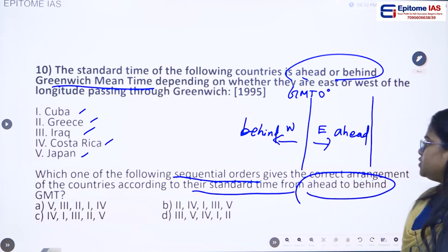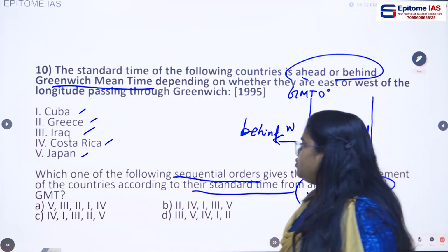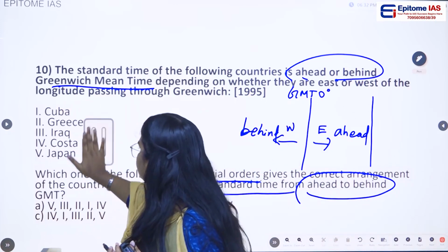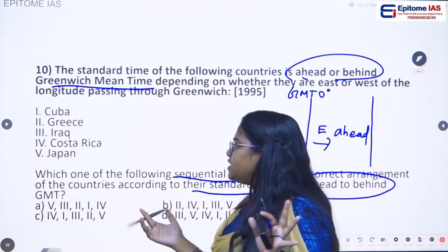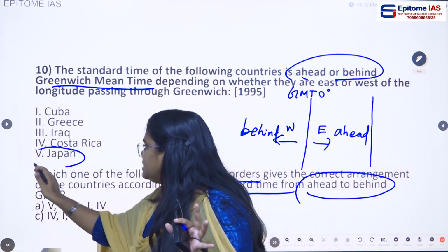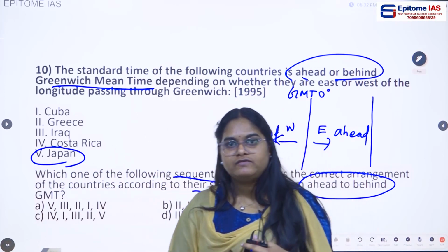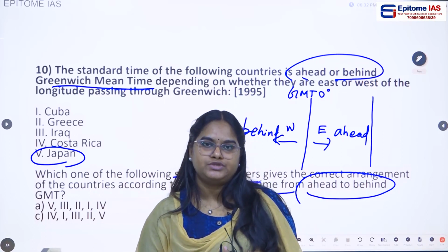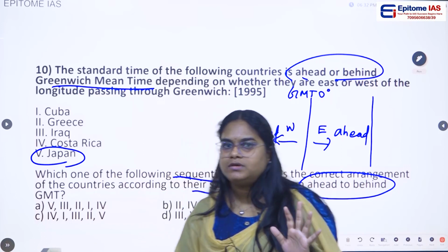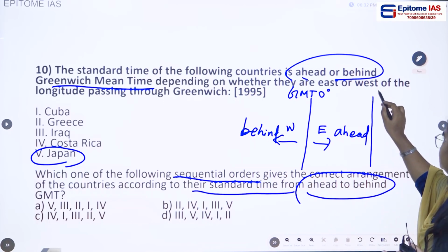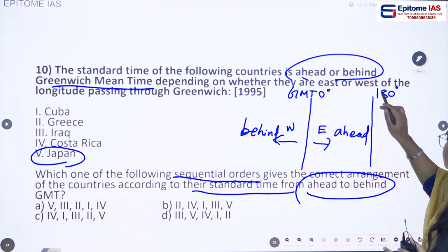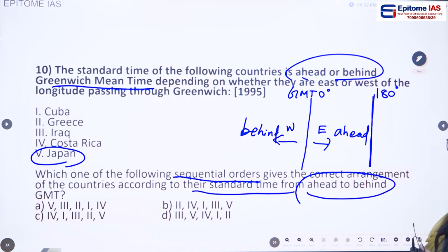Simple. Okay. So even though you don't know the exact location of many of these given options, let us try to answer this particular question. You must know at least Japan. It is one of the first countries which is going to have the sunrise. So let's say this line is the international dateline.